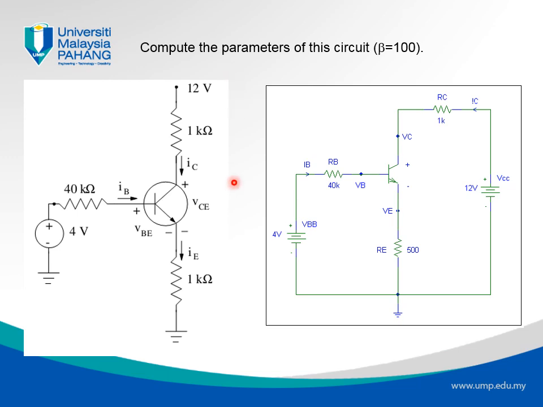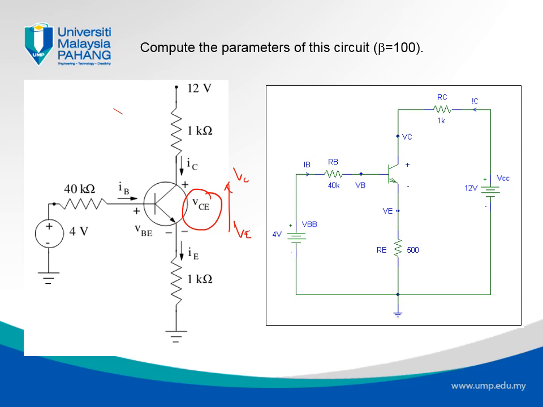Usually when we ask for that, the voltage that we want to measure is the voltage across the junction C and E, this VCE. So where is VCE? If I put an arrow to show the potential difference of VCE, it's actually VC minus VE.